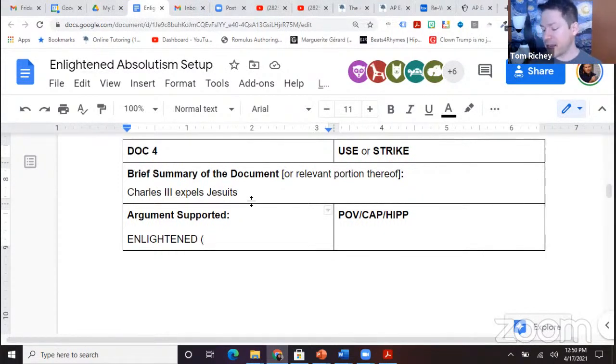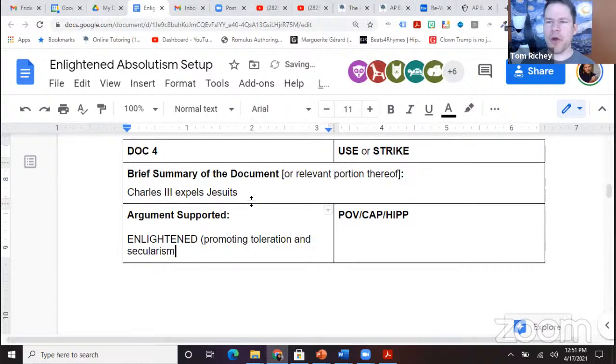Remember, if you've ever read Candide, the Jesuits are always the bad guys in the Enlightenment. So he's enlightened because he is promoting toleration and secularism, at least some sort of limited secularism. And so we would note here, for historical context, you should know something about the Jesuit order.